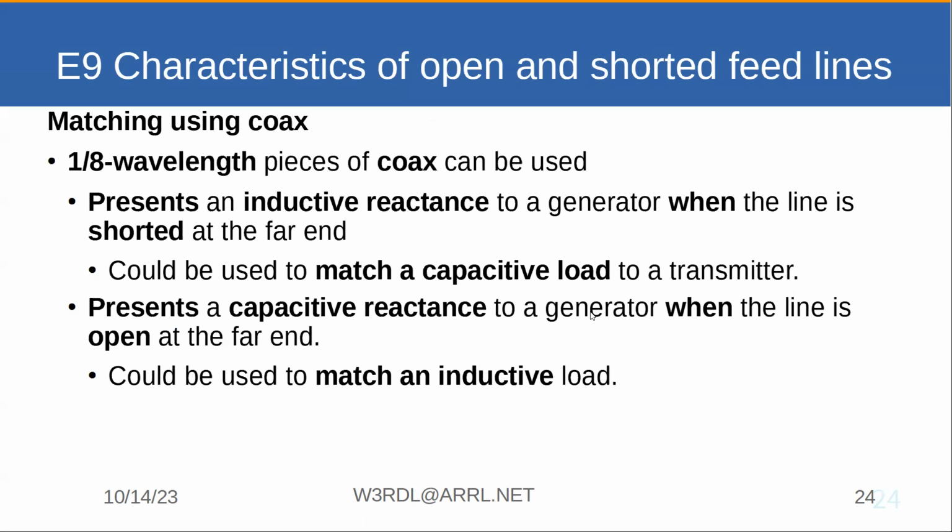If we're trying to do matching with pieces of coax, and I need Byron to help me with this one, it seems to me, if I'm going to say it's an eighth of a wavelength long piece of coax, electrically, I assume, it's going to present some inductive reactance, which is going to be a fixed amount depending on the frequency.